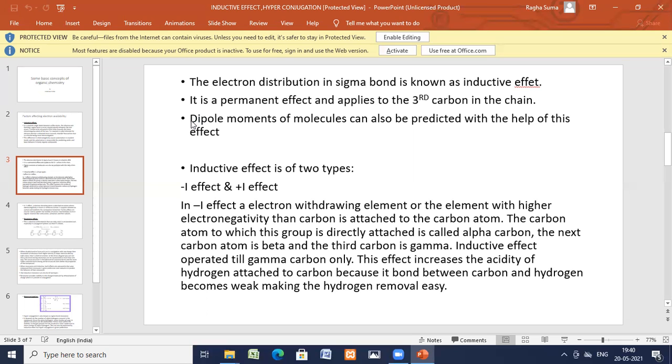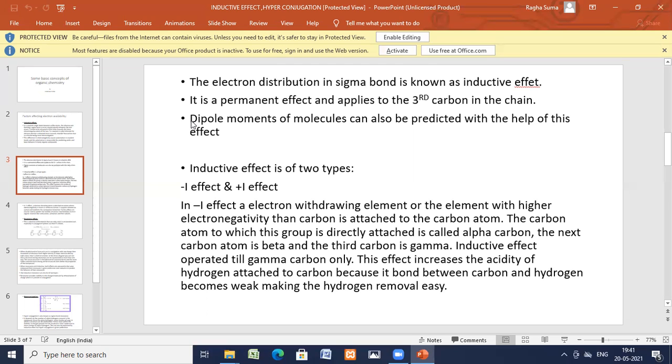It decreases. So groups like chlorine attract the electrons towards themselves by inductive effect. Consequently, they induce a partial positive charge at the carbon atoms.